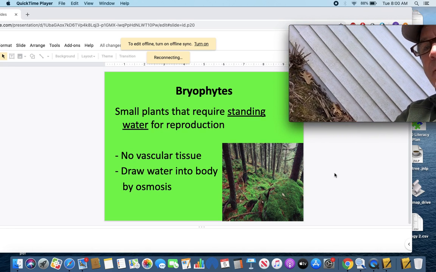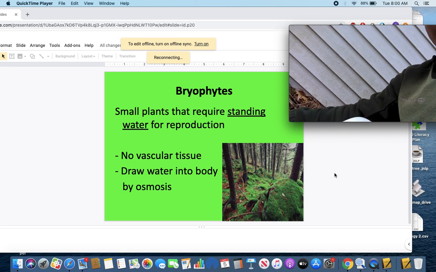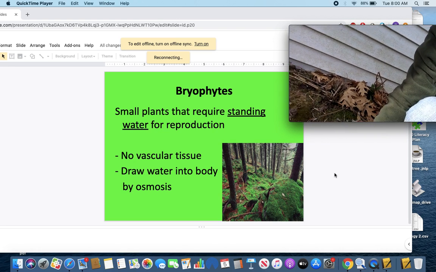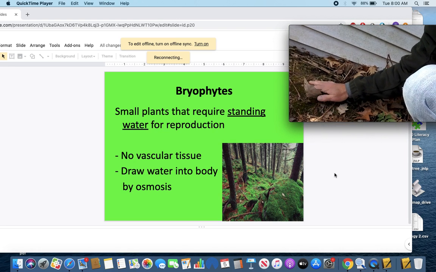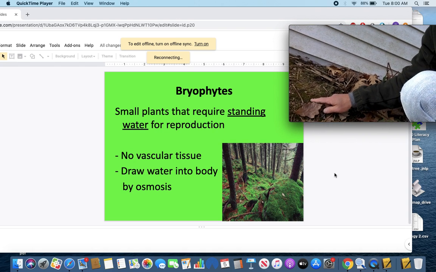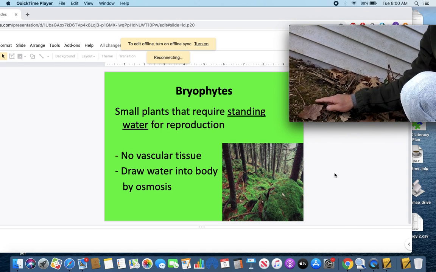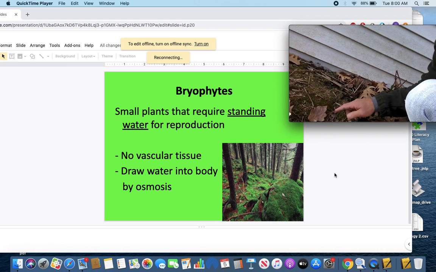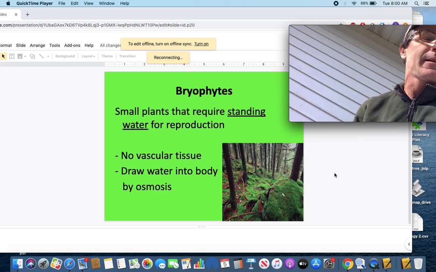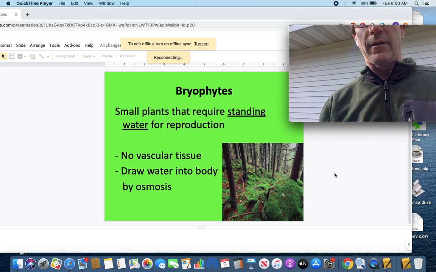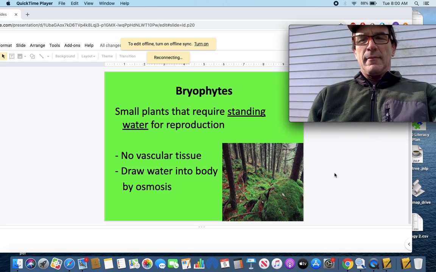They do have to live very low to the ground where it's moist. They require this because sperm has to actually swim from one plant to another, and they'll do this on the ground.